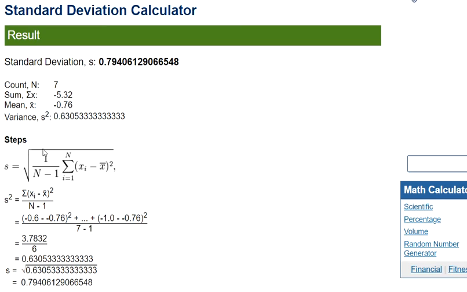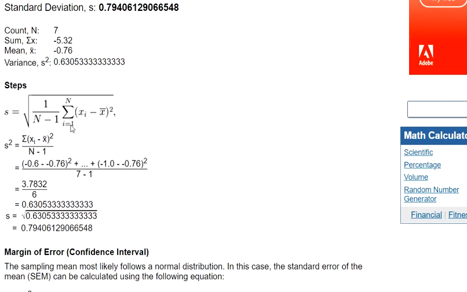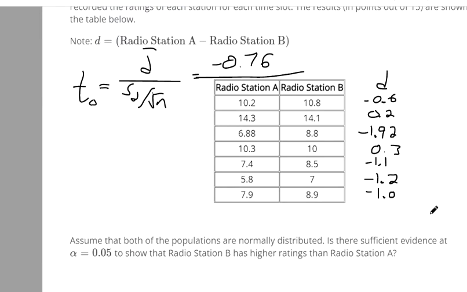Okay, so standard deviation, where is it? That's variance, so we could take the square root of that, but this is the standard deviation right down here. I'm going to copy that to my clipboard.